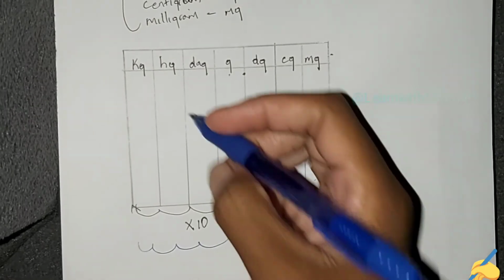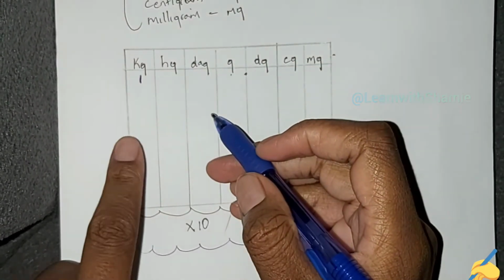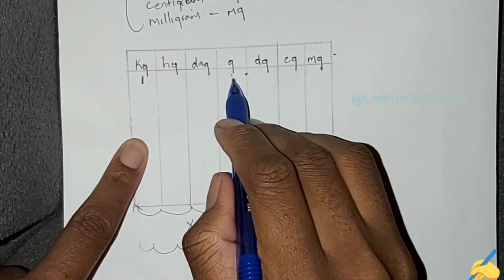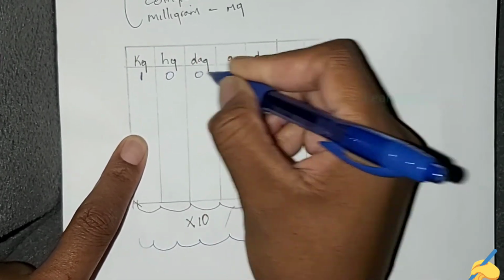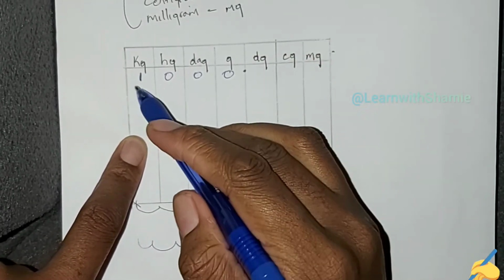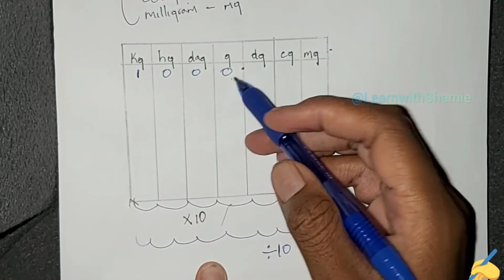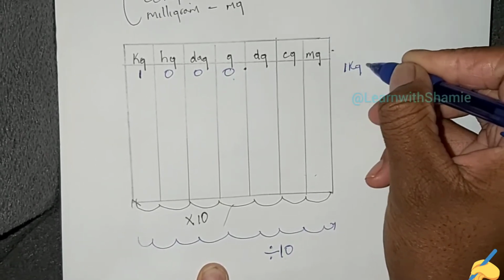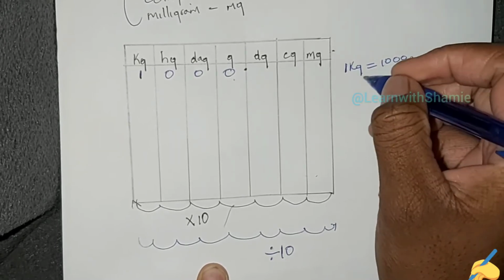So for example, you have 1 kilogram, right? To convert to gram, you would move 1, 2, 3 places to your right. So you put a 0 in each place. So 1 kilogram would be equal to 1000 gram.